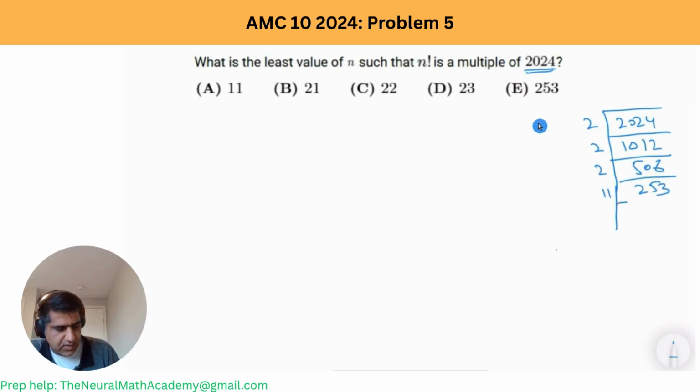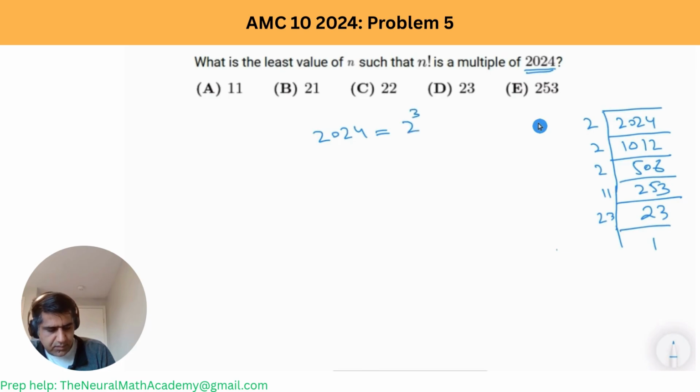Now with 11, I can get to 23, and then I get 1. So the prime factors that I get for 2024 are 2, 11, and 23.